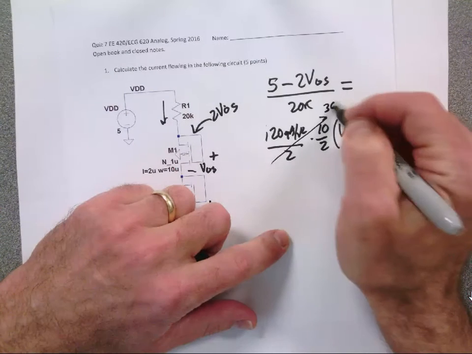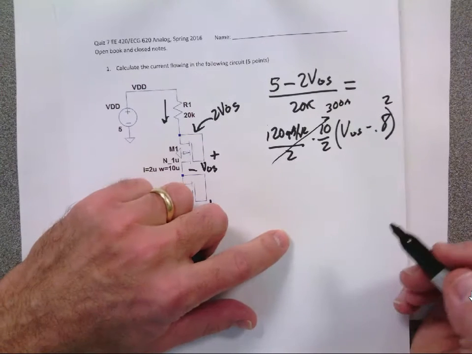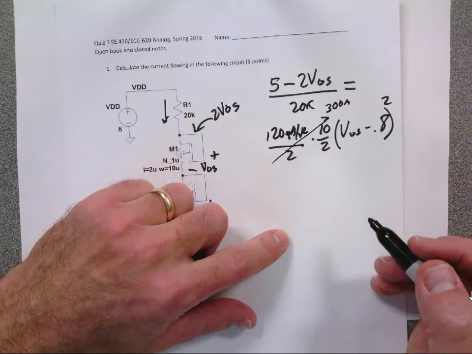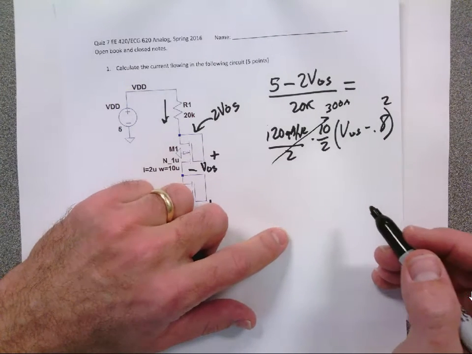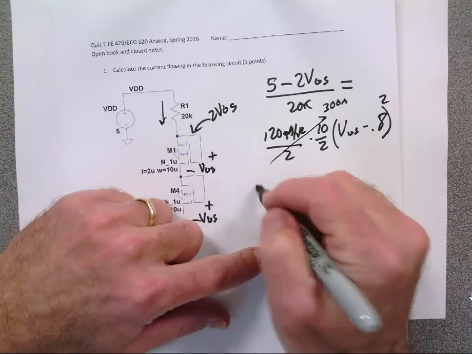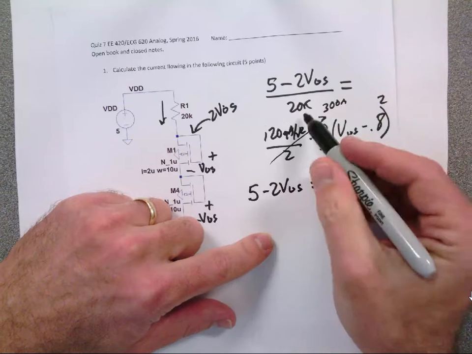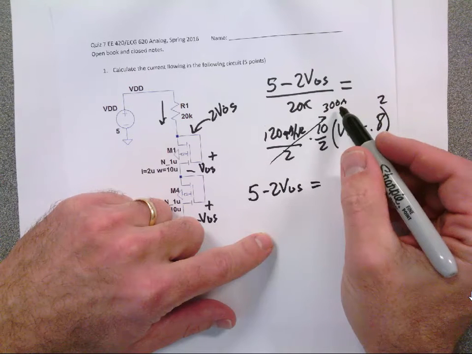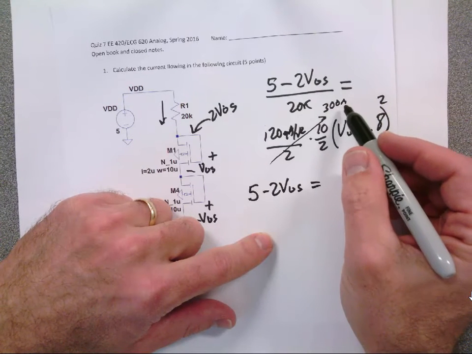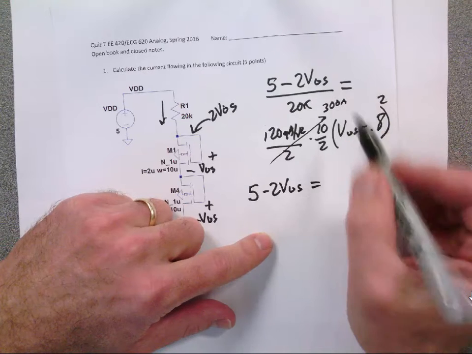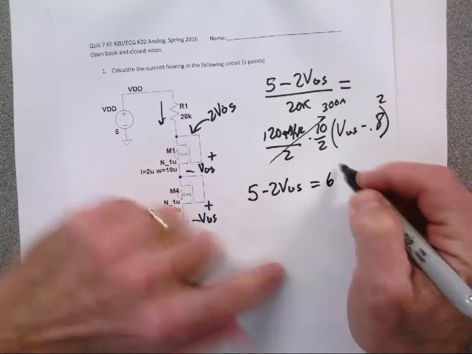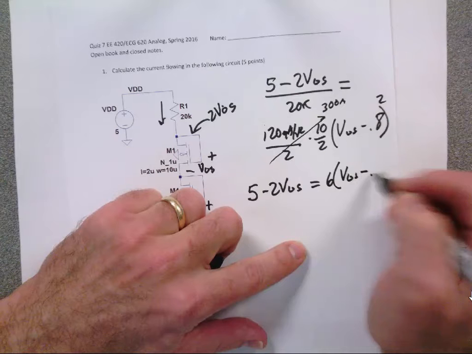Too many steps skipped there. Yay or nay? So would everybody be okay if I wrote 5 minus 2 VGS equals 20K times 300 micro, which is 6,000 milli, which is 6 times VGS minus 0.8 squared.